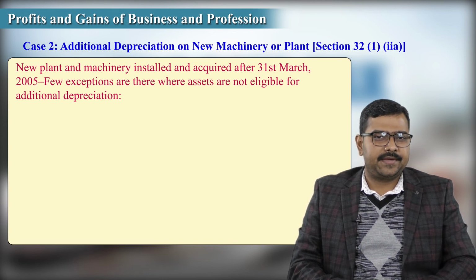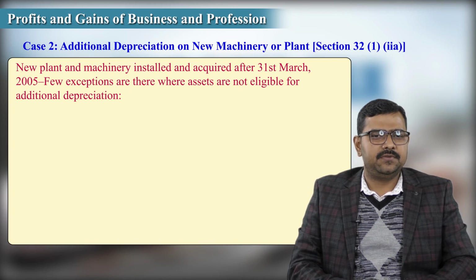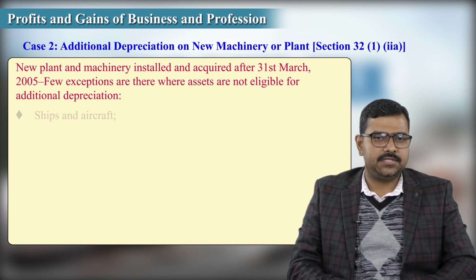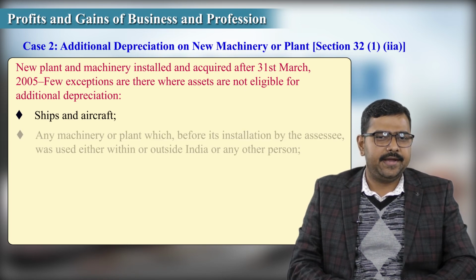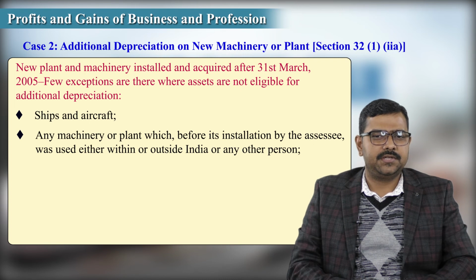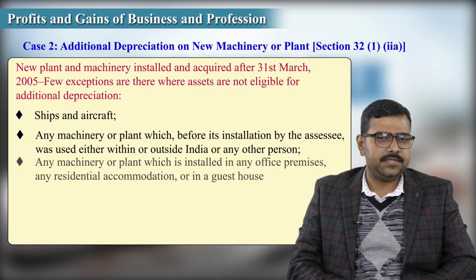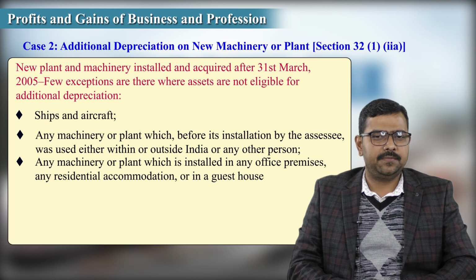Now we shall discuss some exceptions. A few exceptions are there where assets are not eligible for additional depreciation. First is ships and aircraft. Next, any machinery or plant which before its installation by the assessee was used either within or outside India by any other person. Point C, any machinery or plant which is installed in any office premises, any residential accommodation or in a guest house.